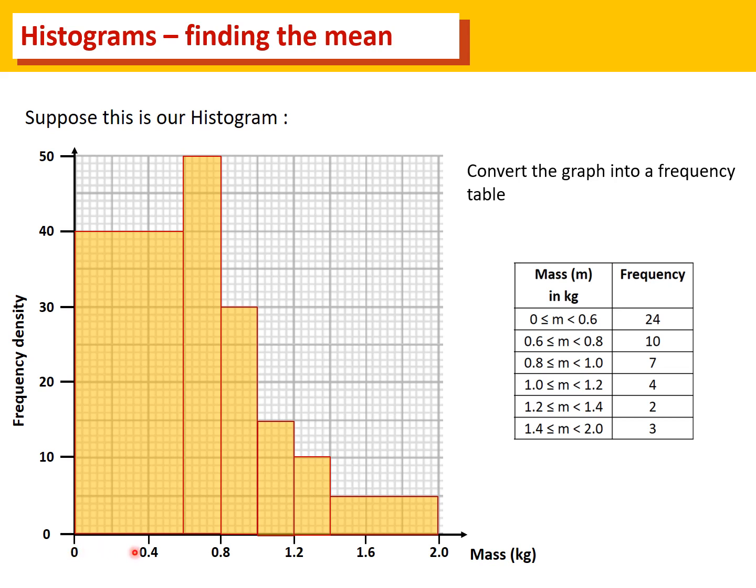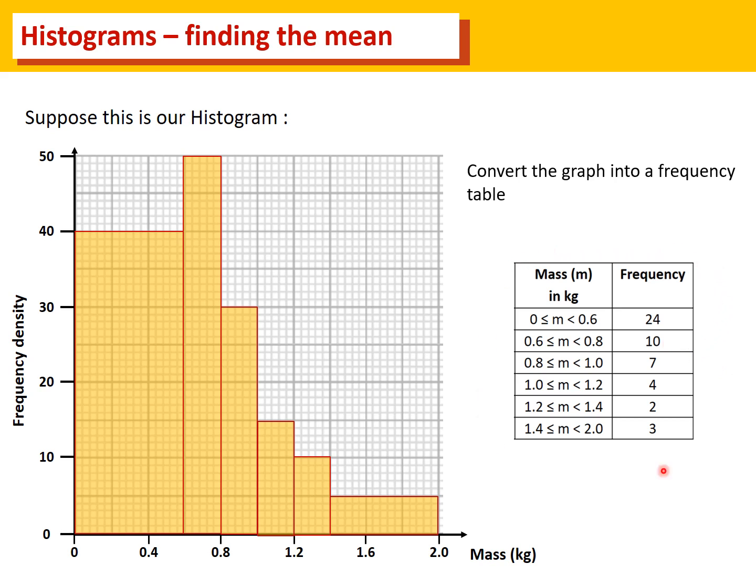We've got 0 to 0.6, that's the interval, and the area of that bar is 24, so that's the frequency. Our second bar, that's from 0.6 to 0.8, that's the interval, and the area of that bar is 10, so that's the frequency.